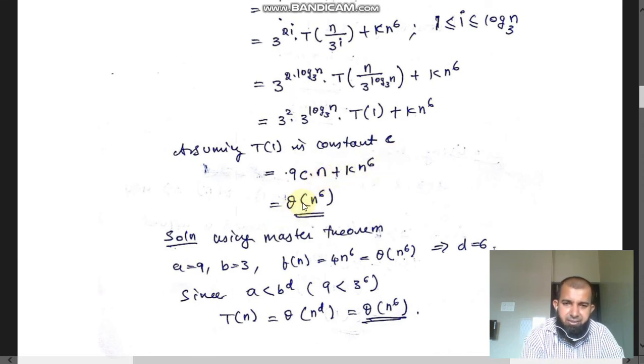Finally theta of n^6, removing this part and the constant k values. What remains is theta of n^6.